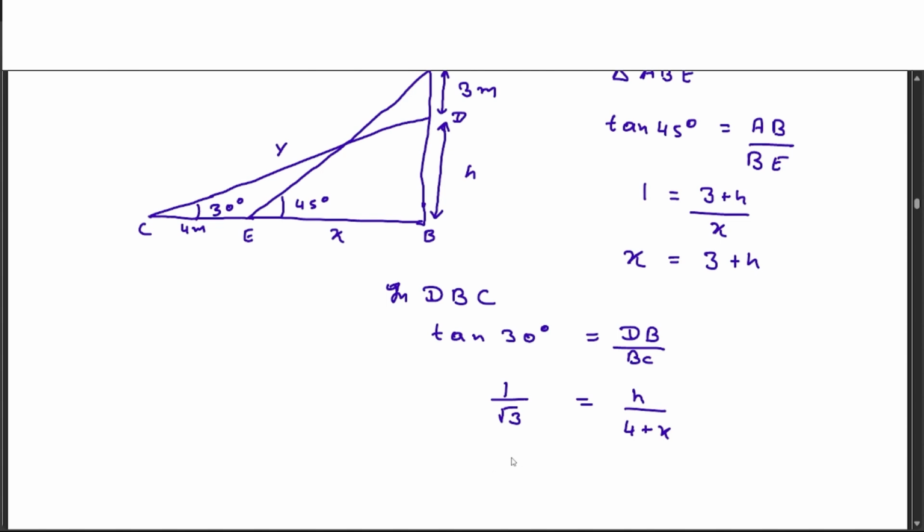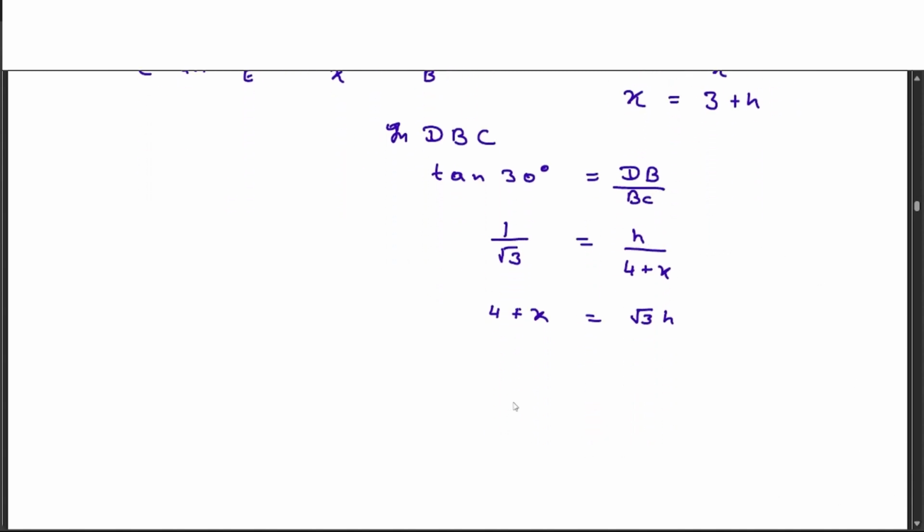Based on that, you can do the cross multiplication. So here you will get 4 plus X is equal to root 3 H. Now you have already found the X value, so you can substitute the X value here.